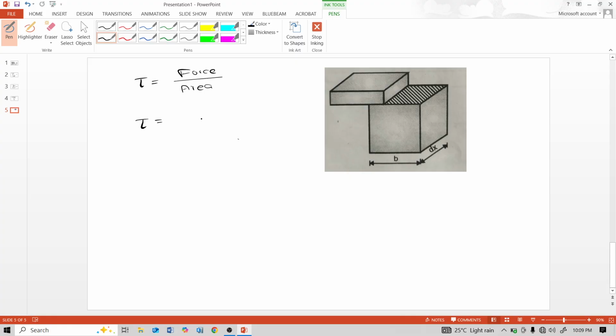Tau is equal to F upon area, where area is b into dx.